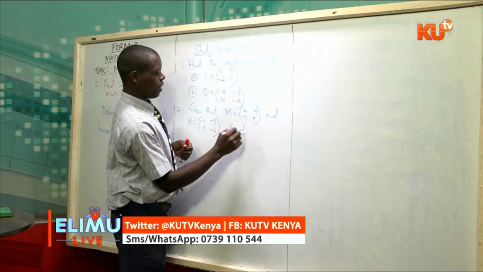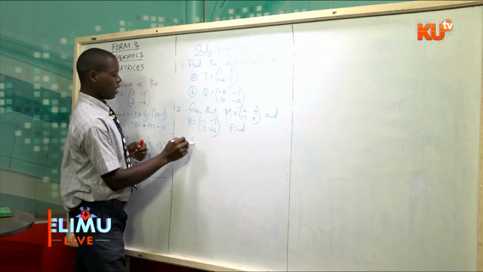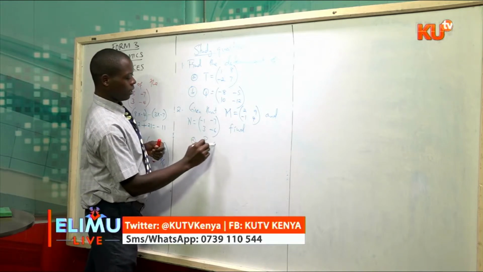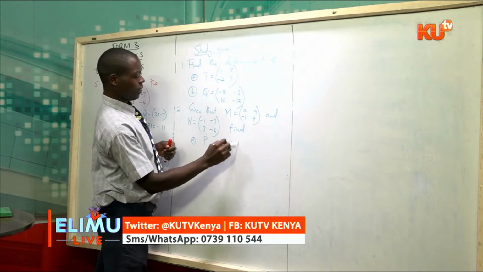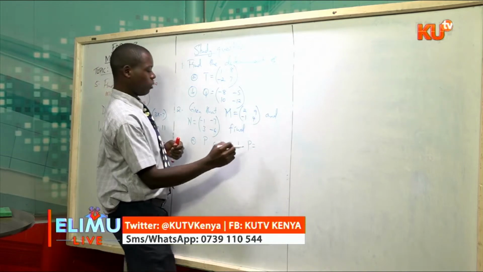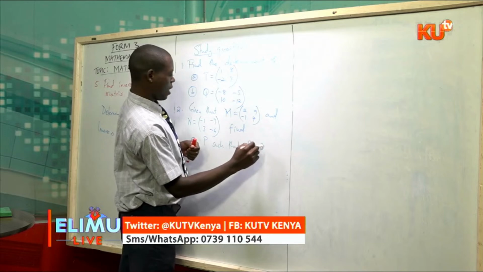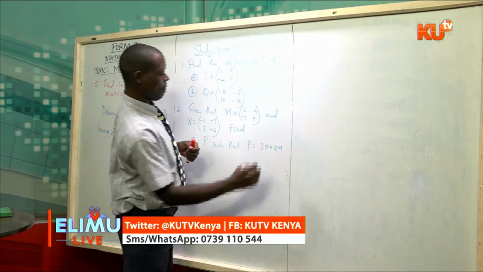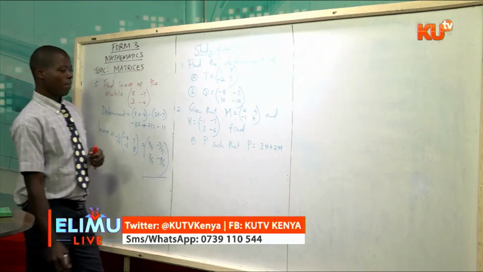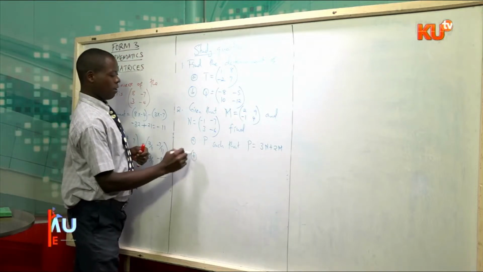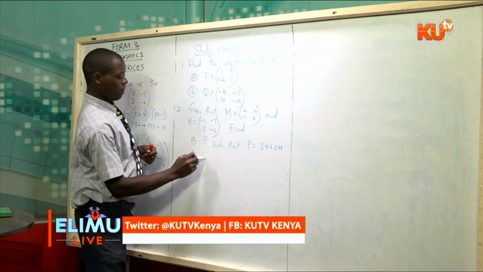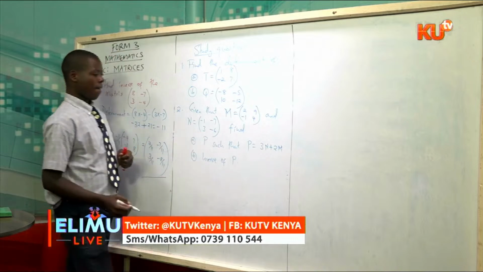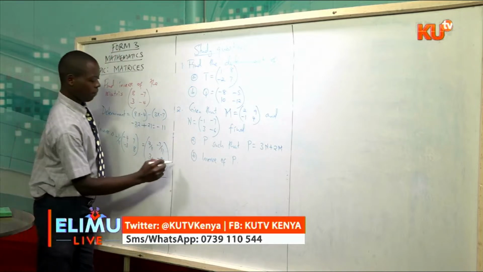Find part A, the matrix P such that P is equal to 3N plus 2M. Part B, you find the inverse of P.